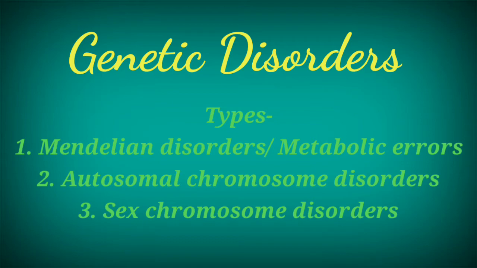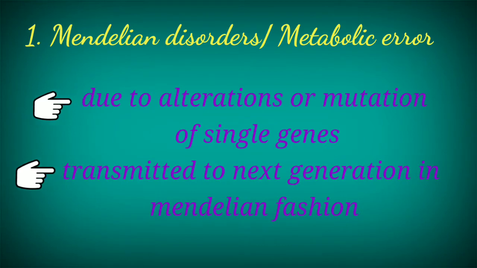Now let us first discuss the Mendelian disorders. The Mendelian disorder is also called metabolic error. As said earlier, Mendelian disorders are caused due to alterations or mutation of single genes. In the DNA, we know that there are genes which express a particular character.